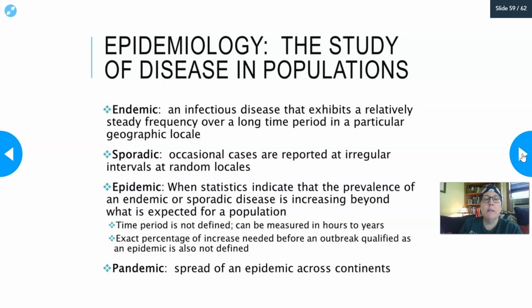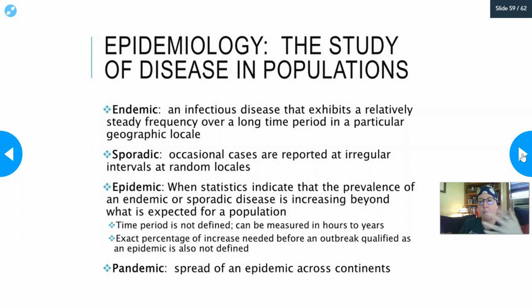So, endemic is an infectious disease that exhibits a relatively steady frequency over a long period of time in a particular geographical locale. For example, in this area, we are endemic for histoplasmosis. Histoplasma is endemic in this area. There are always some cases.